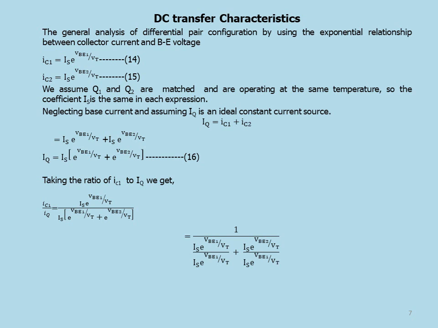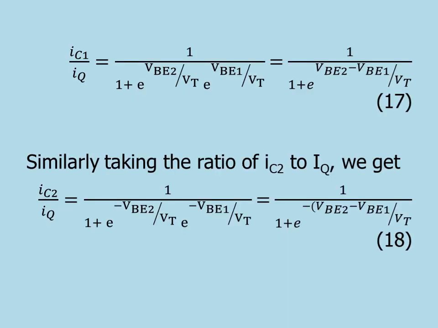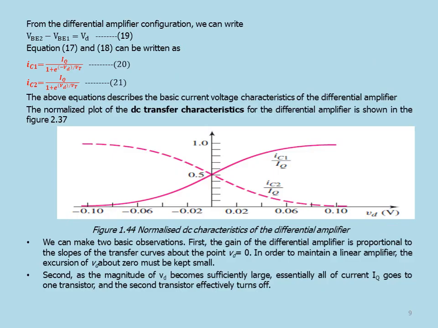Equation 16 shows the total current, and if we take the ratio IC1 by IQ, we get equation 17, and IC2 by IQ gives equation 18. With these equations we draw the transfer characteristics of the differential amplifier. The characteristics of the DC differential amplifier are shown in figure 1.44. So that is about the BJT differential amplifier.